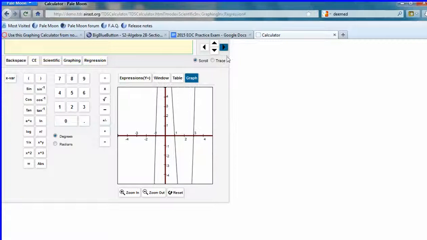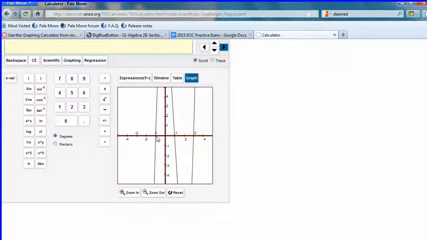I bet you will have the computers provided, and the test has a built-in calculator, which is exactly this one. So I want you to get used to it, because you guys can see this. Now, you won't be able to use the graphing calculator on that particular problem. I'm using the graphing calculator to show you what the numbers are.